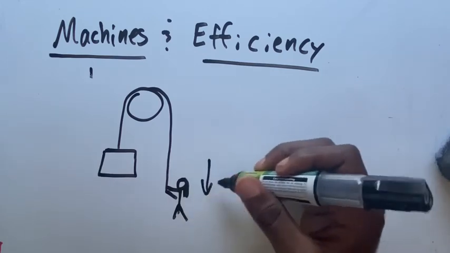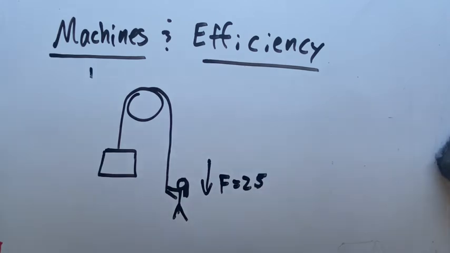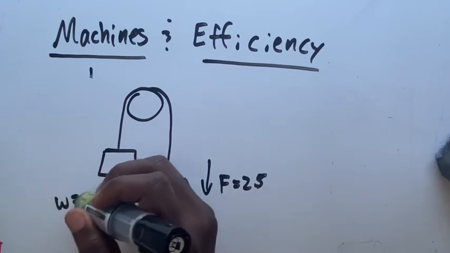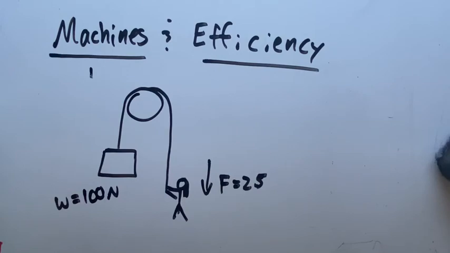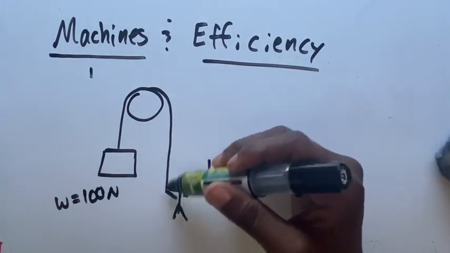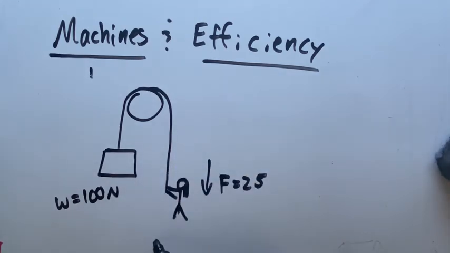She's pulling downwards with a force of 25 Newtons, but the weight of the box is 100 Newtons. Then it asks, for every 1 meter that she pulls downwards, how much will the crate rise up?